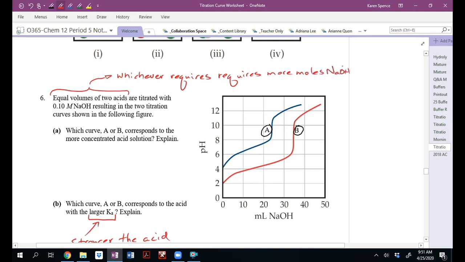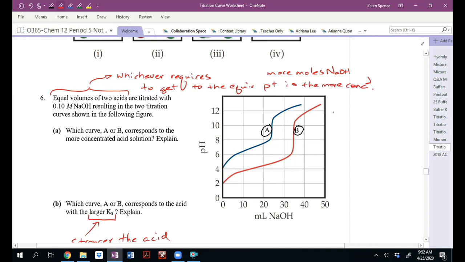So whichever requires more moles of NaOH to get to the equivalence point is the more concentrated. I think we can assume that both of these acids are monoprotic.